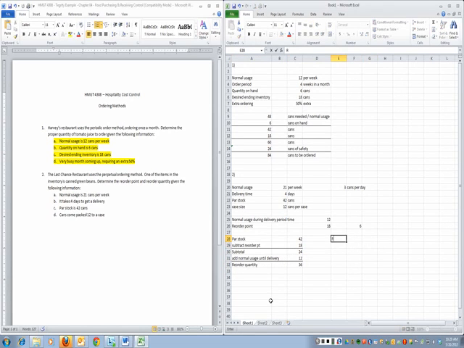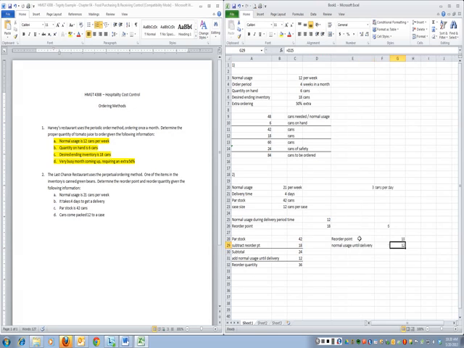Now, one way to double check this is you can do your reorder point, which equals the 18 cans. Our normal usage until delivery is 12 cans, and you subtract, so this equals our 18 minus our 12 cans. That leaves us 6.